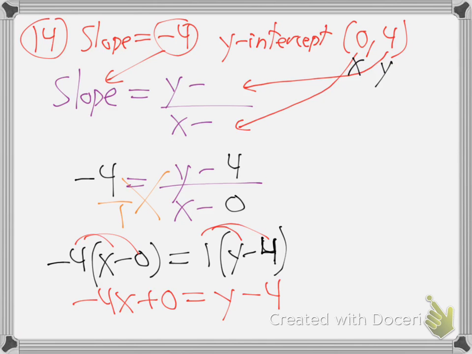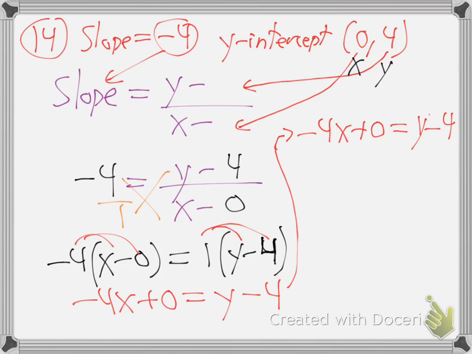Now they want y alone on this one. Bring it up here for us. So we have minus 4x plus 0 is y minus 4. Kind of running out of room there. They want y alone.